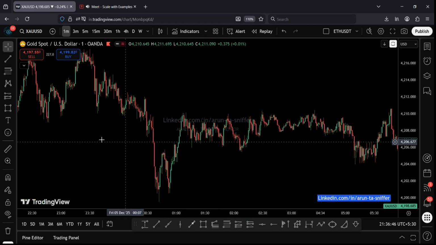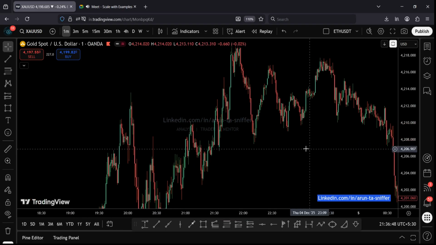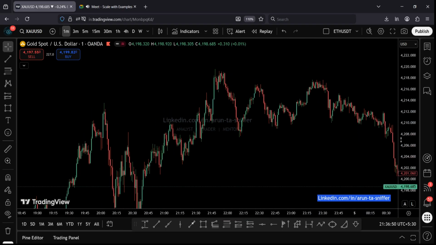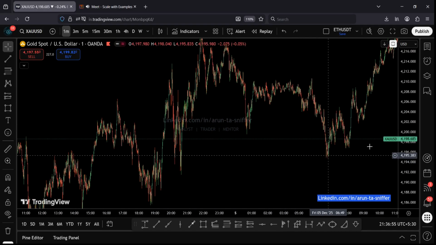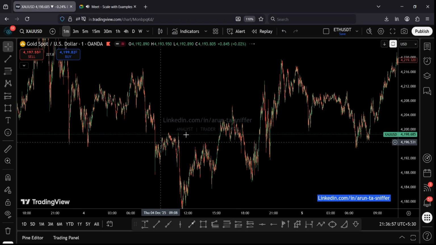Let's find some more detailed structure. No, we don't have any here.